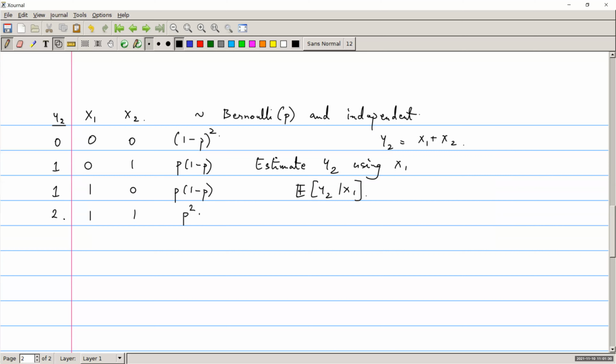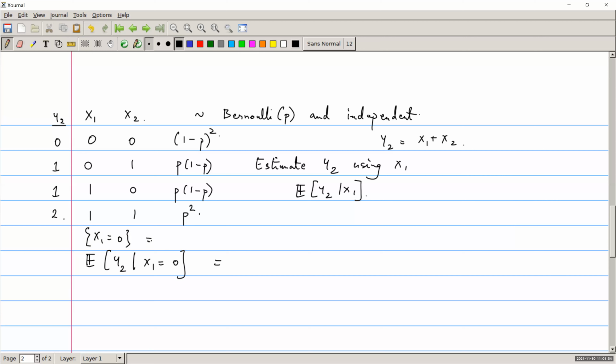Let's try to compute the expectation of y2 given x1 equals 0. Just before we do this, let me do this properly.